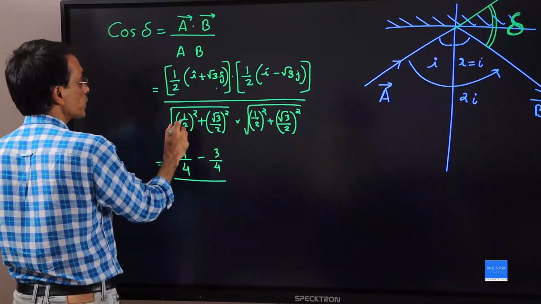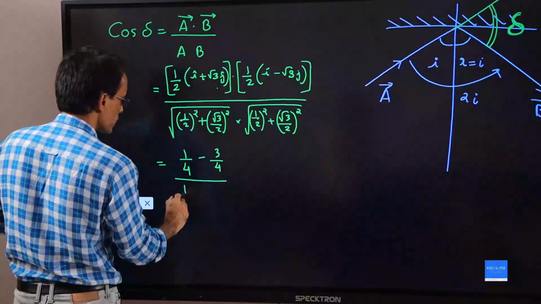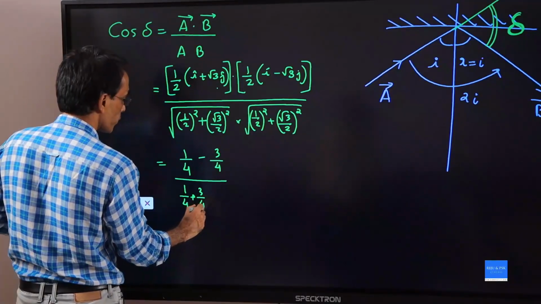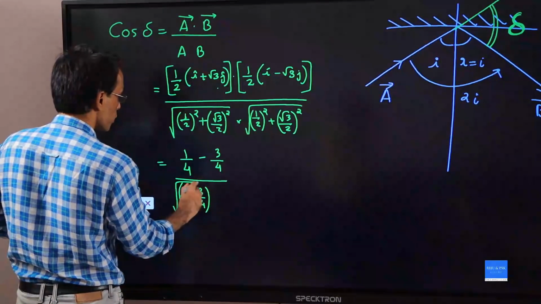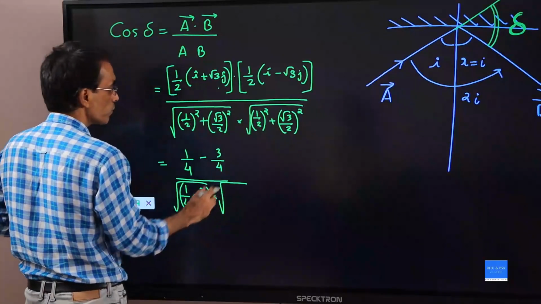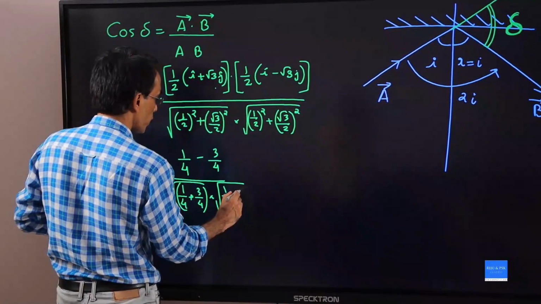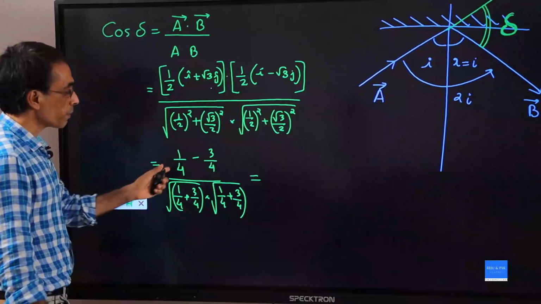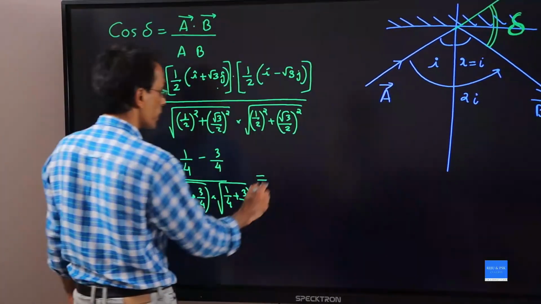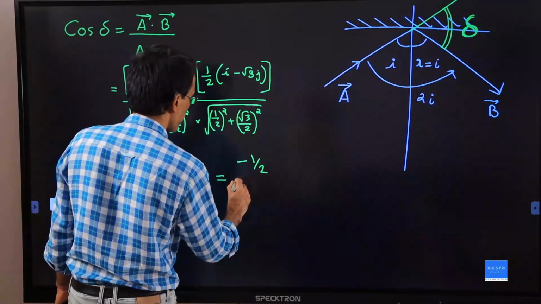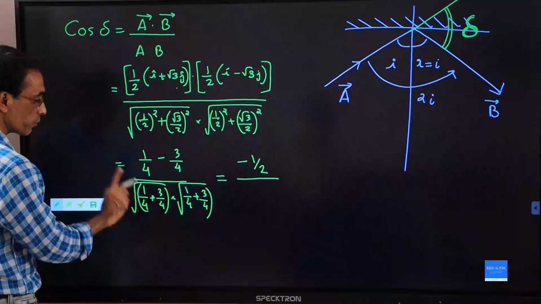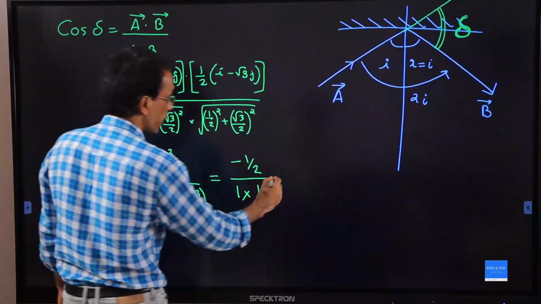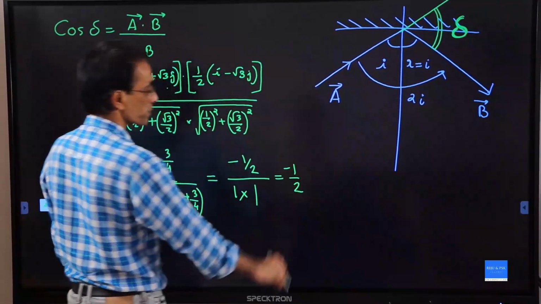Divided by the root of 1 by 4 plus 3 by 4 into the root of again 1 by 4 plus 3 by 4. So 1 by 4 minus 3 by 4 gives minus 1 by 2, divided by 1 into 1. So the answer is minus 1 by 2.